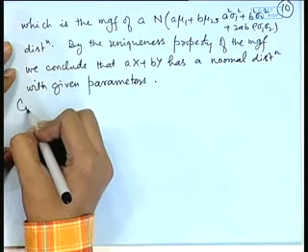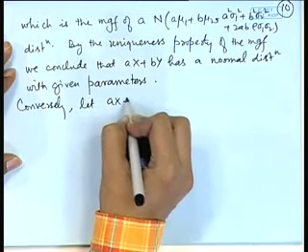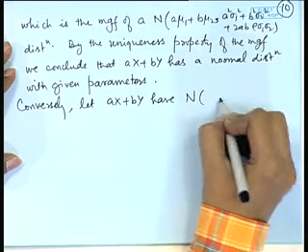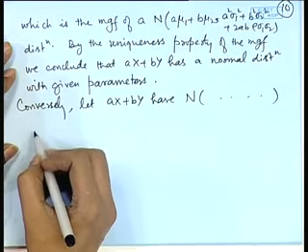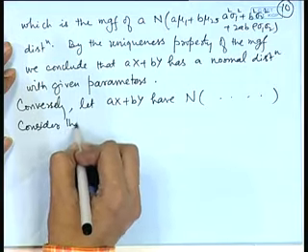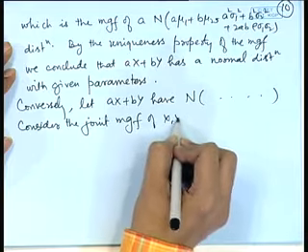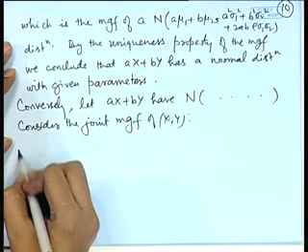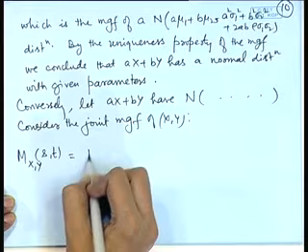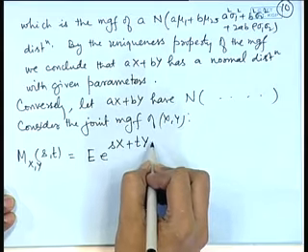Now, conversely, assume that aX plus bY has a normal distribution with the desired setup. Now, consider the joint MGF of XY, that is M_XY(s, t), that is expectation of e to the power sX plus tY.